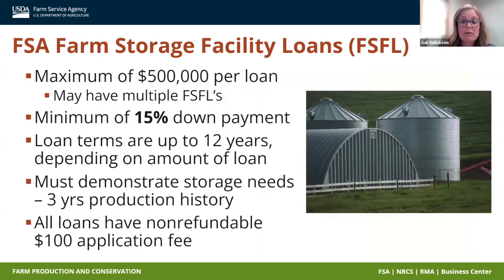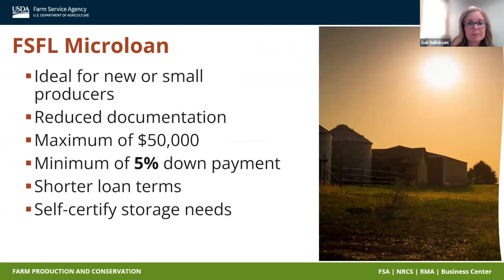A producer may borrow up to $500,000 per loan with a minimum down payment of 15%. Loan terms are up to 12 years, depending on the amount of the loan. Producers must demonstrate storage needs based on 3 years of production history, because remember, this is the commodities that you produce. Applications for all loans will have a $100 non-refundable application fee.